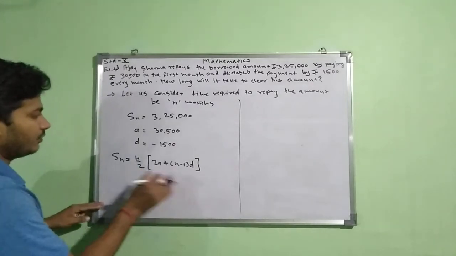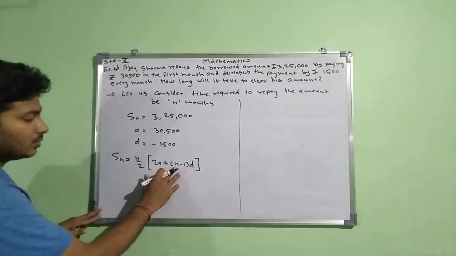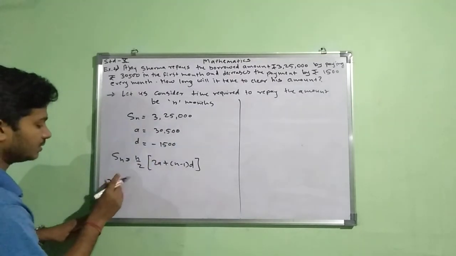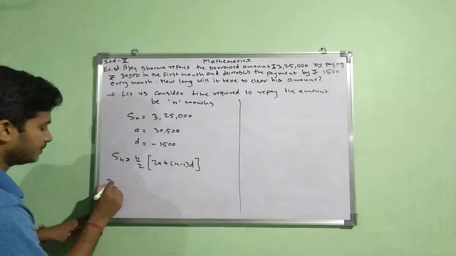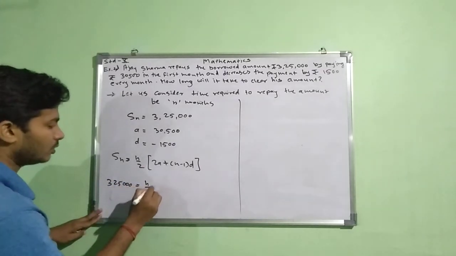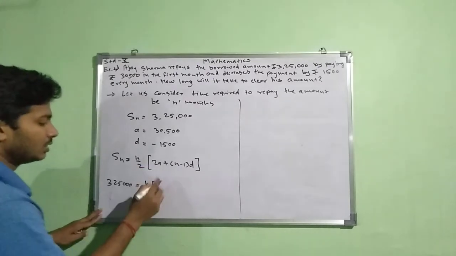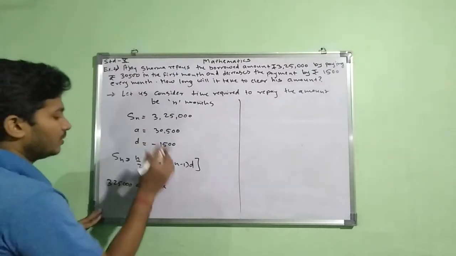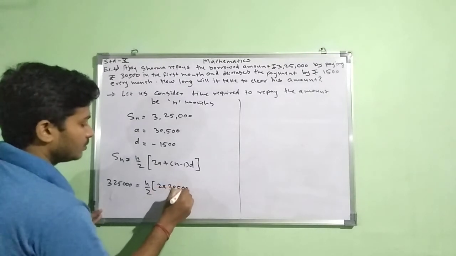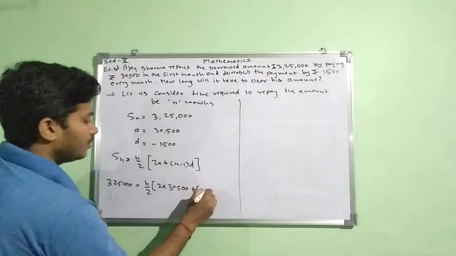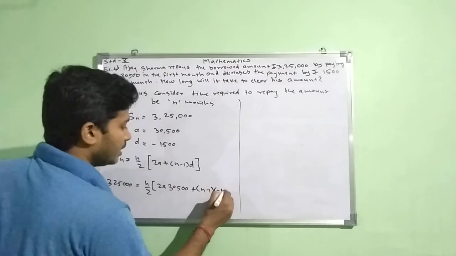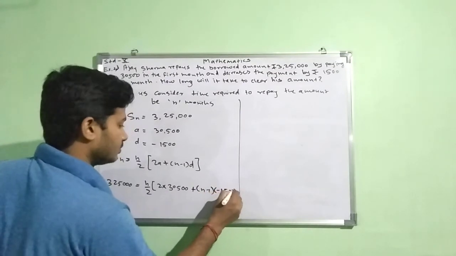Now Sn we know, which is 3,25,000, so we will substitute 3,25,000, which is equal to n upon 2 inside the bracket 2 multiplication. Value of a we have, which is 30,500, plus n minus 1 into d. Value of d we know, which is minus 1,500 rupees.